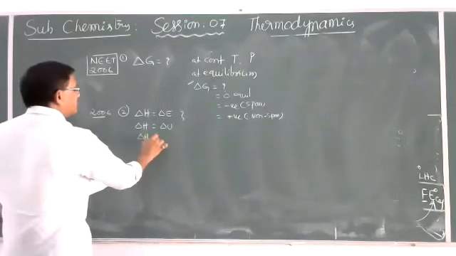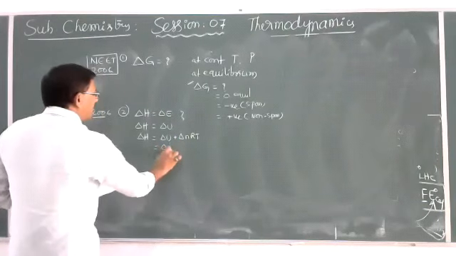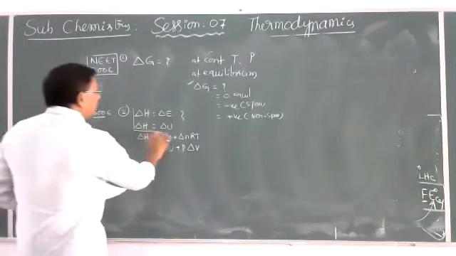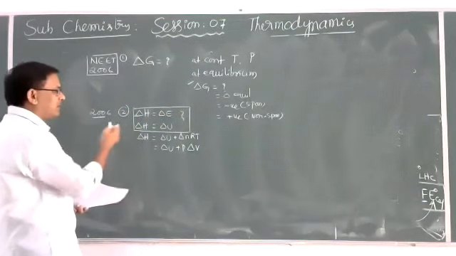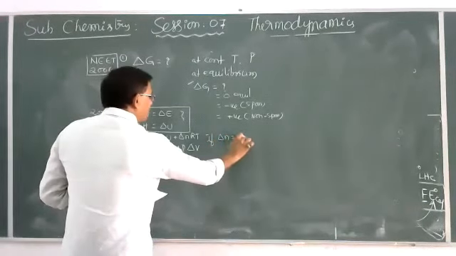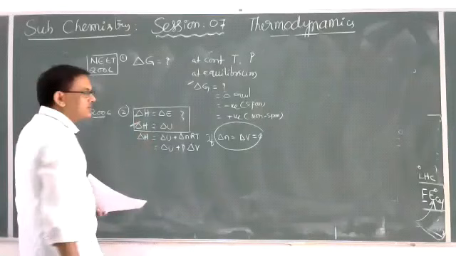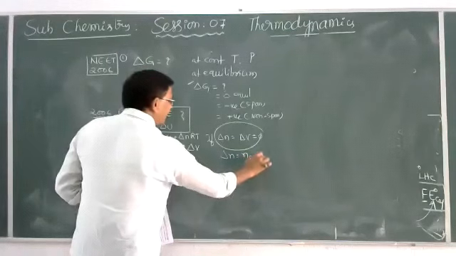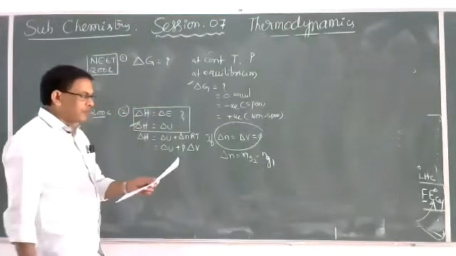We know delta H is equal to delta U plus delta n RT, or delta U plus P delta V. When these are equal, the 3 cases were very clearly explained while deriving the relation between delta H and delta U. If delta n is equal to 0, or delta V is equal to 0, then delta H is equal to delta U. Now delta n is the number of gaseous products minus the number of gaseous reactants. So identify among the given 4 options.